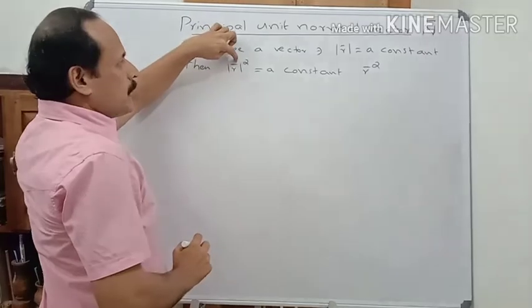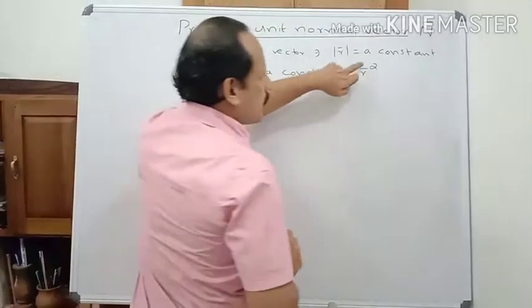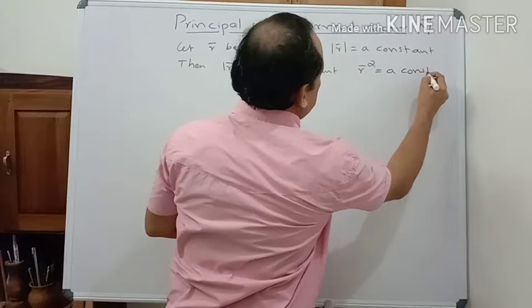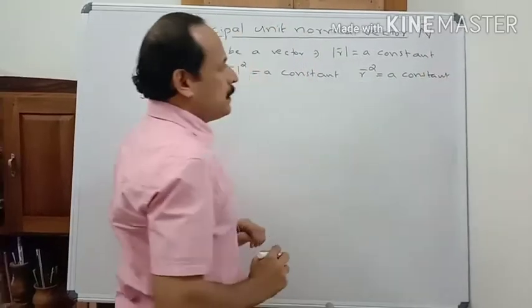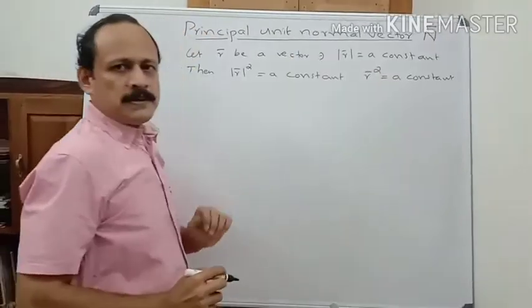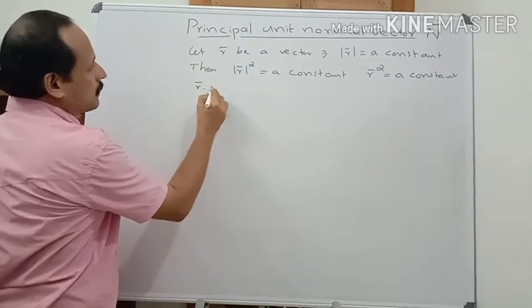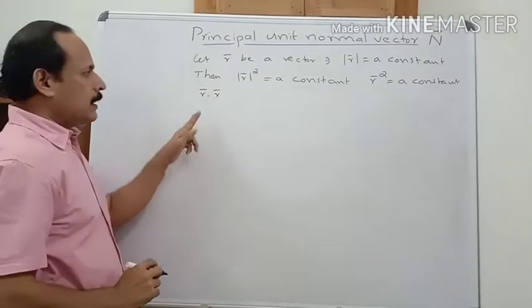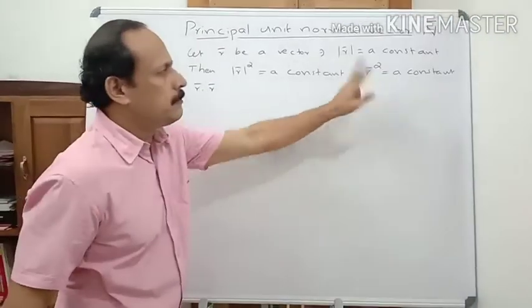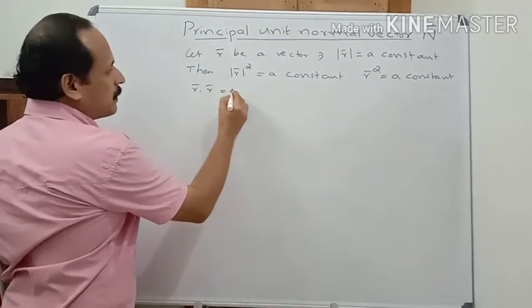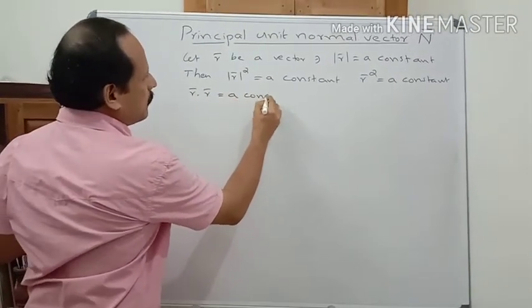That is mod r bar square equal to r bar square, that is a constant. What is meant by r bar square? R bar square is r bar dot r bar. Therefore r bar dot r bar equal to a constant.